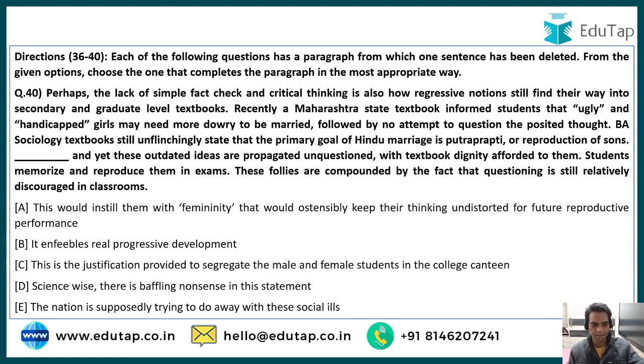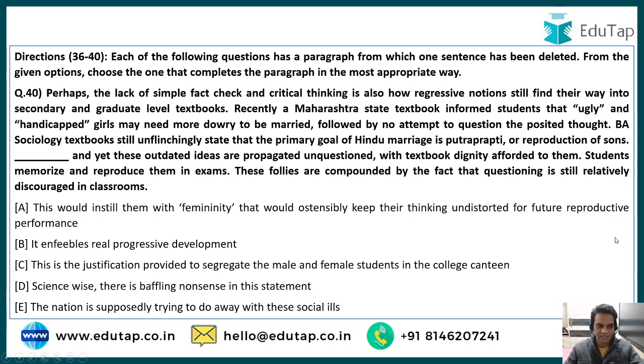Let's read the paragraph and let's try to figure out the missing sentence. Perhaps the lack of simple fact check and critical thinking is also how regressive notions still find their way into secondary and graduate level textbooks. Recently, a Maharashtra state textbook informed students that ugly and handicapped girls may need more dowry to be married, followed by no attempt to question the posited thought.